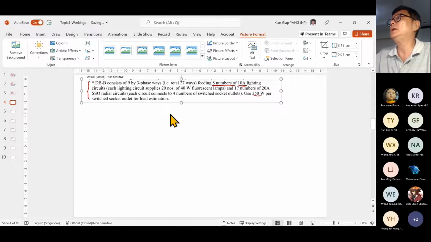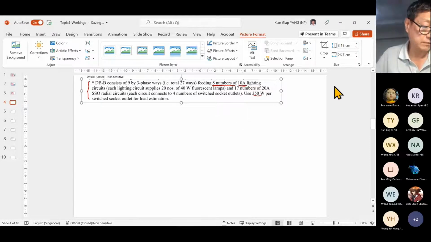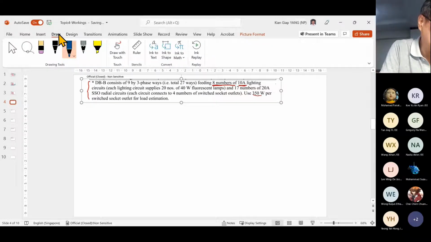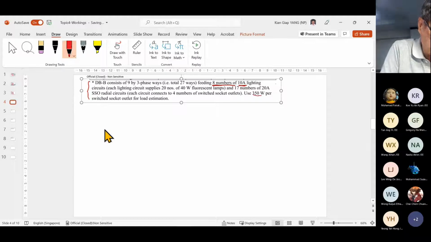Now this DBB, because it comprises many circuits inside, I need to slowly do the load balancing here, because this DBB is three-phase. If you read the instruction carefully, it's three-phase. Three-phase means what? If I were to draw this single line diagram, it will be a miniature of the one we are looking at.